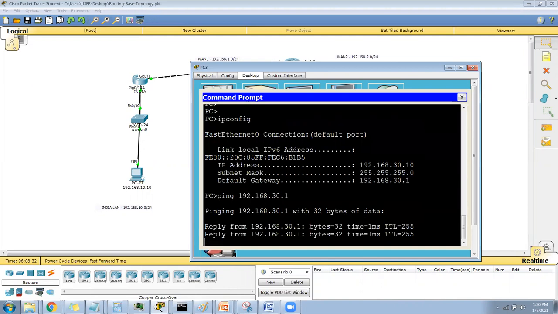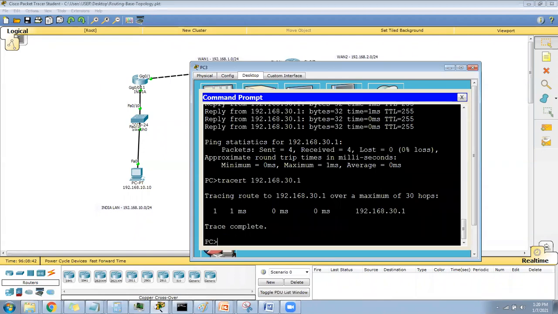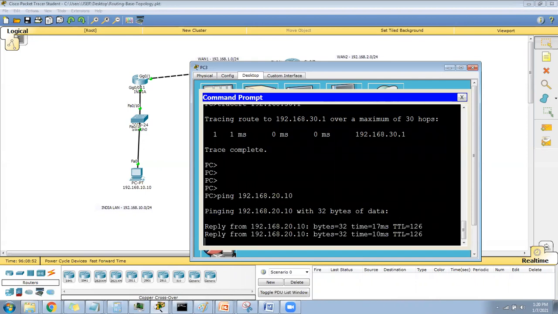Yes, it's pinging. After ping, just do the trace to the same IP. Trace 192.168.30.1. See, trace means it's going directly to the gateway, right? First, done. Now let's ping the USA LAN. Are you able to ping? Yes, I'm able to ping.